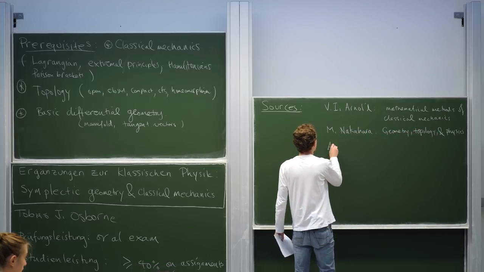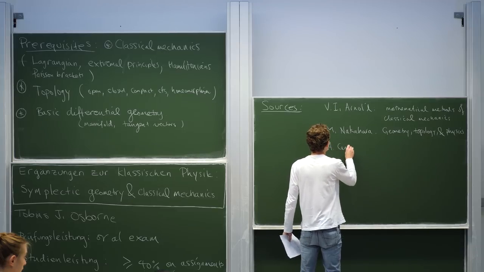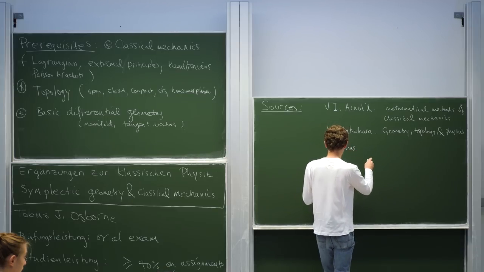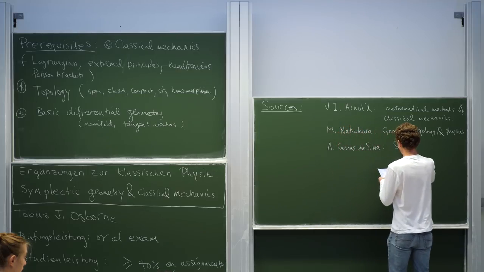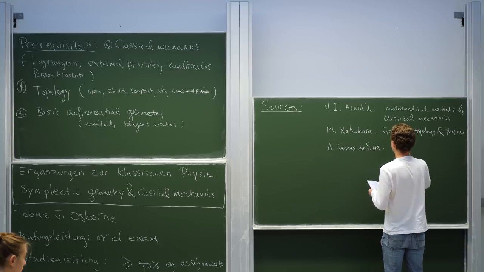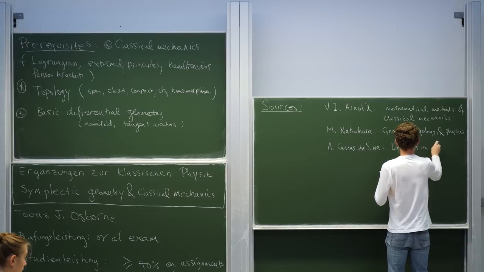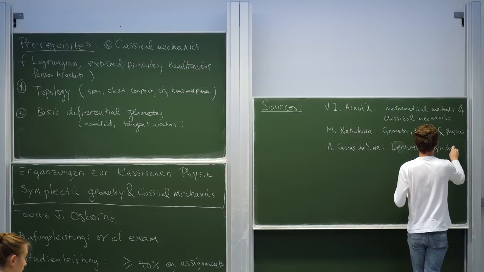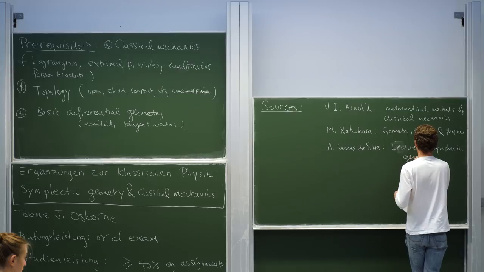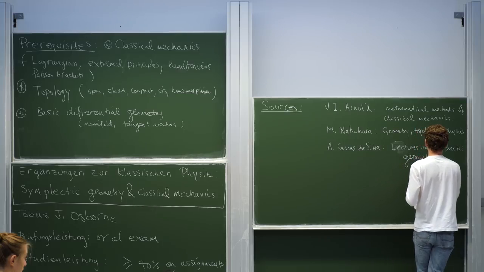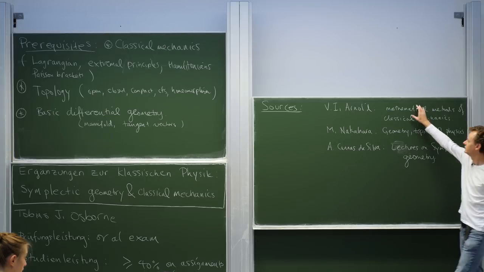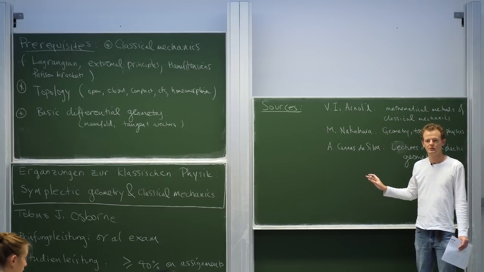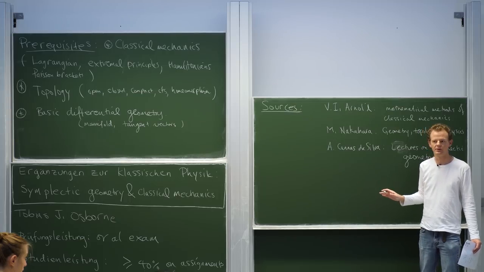And for the large part of the second half of this course, we're going to use this very lovely book of Cannas da Silva. So if you like, the course is somehow pieces of all these three books pasted together in hopefully a coherent fashion.